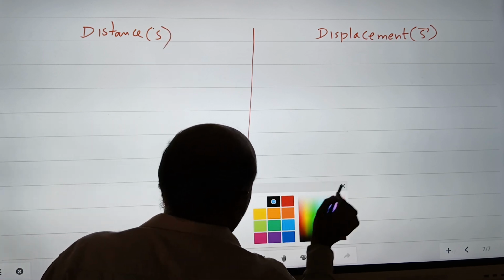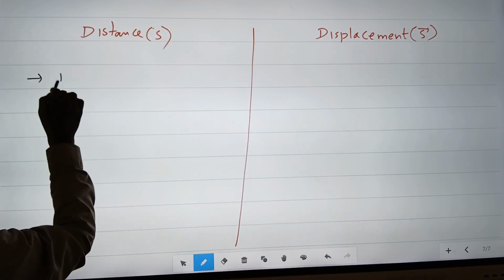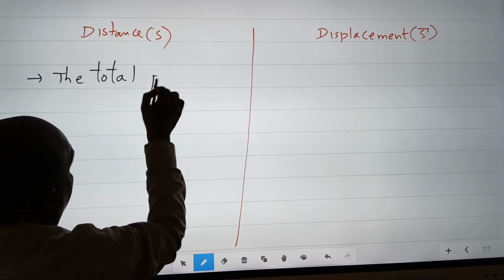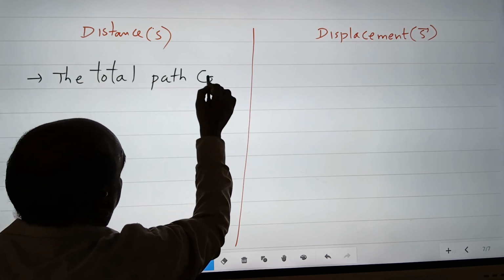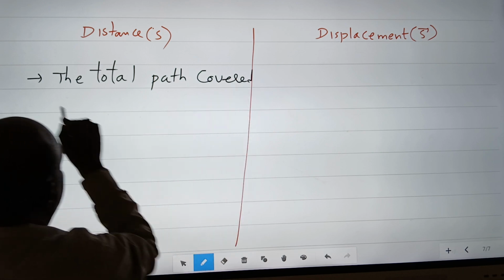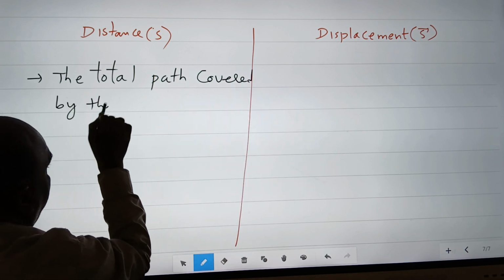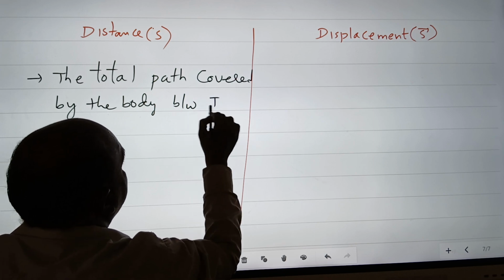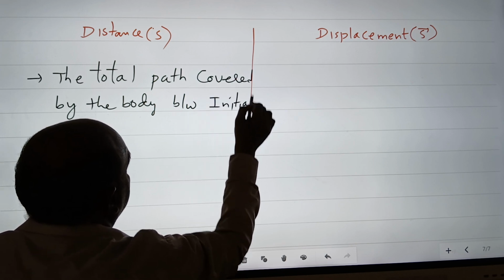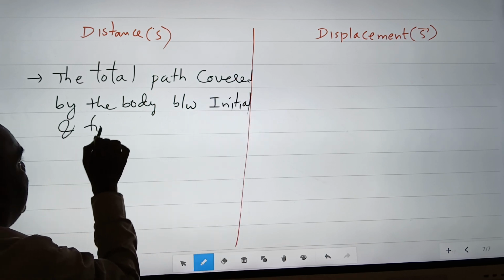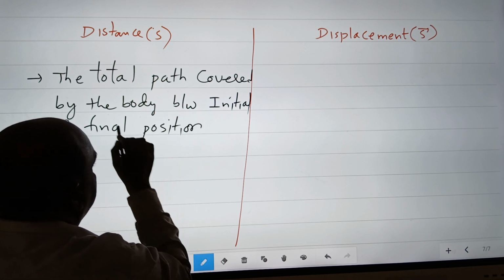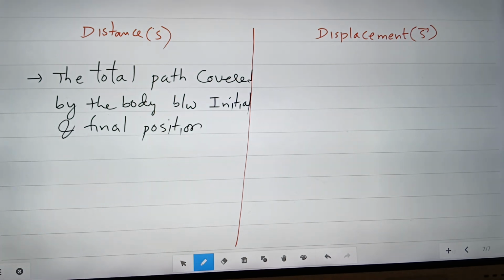Distance, first point note down. The total path covered by the body between initial and final position is called distance.